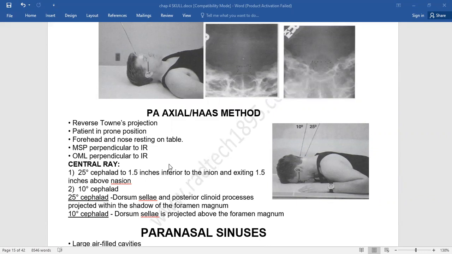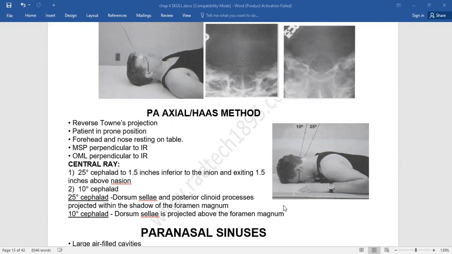So patient in prone position, as you can see here sa picture sa inyong right, the forehead and nose resting on the table, MSP and OML perpendicular to the IR. So meron tayong dalawang central ray. So 25 degrees cephalad ang central ray, as you can see sa picture.